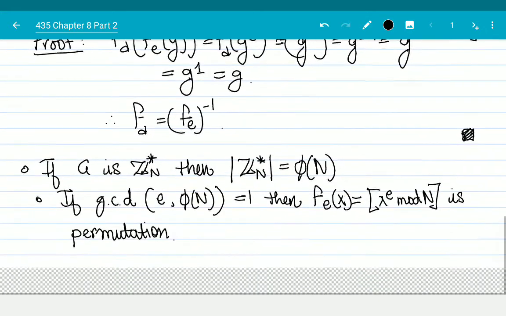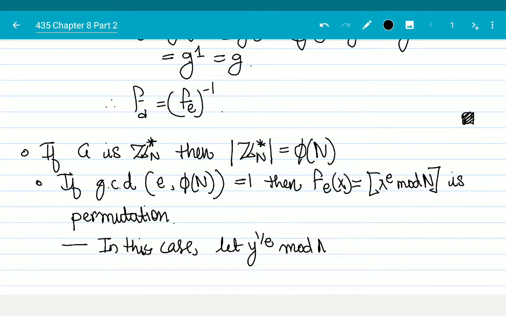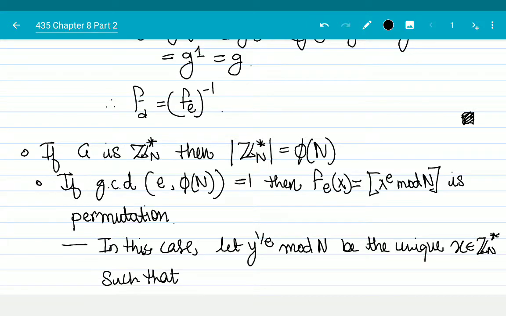Right? In this case, let y to the 1 over e mod n be the unique x belonging to Zn star such that x to the e is equal to y mod n. Okay?